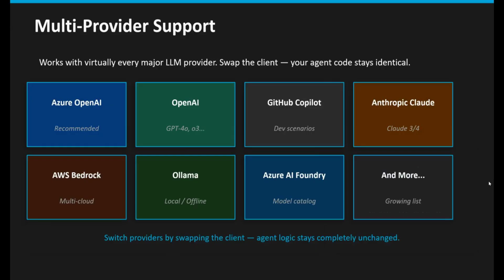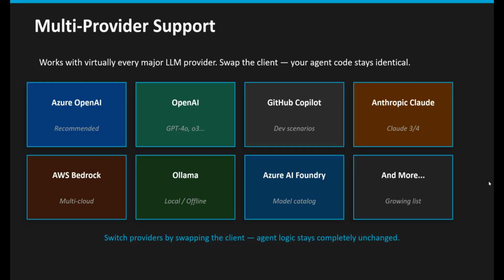One of the things I really love about this agent framework is how flexible it is when working with model providers. You can basically plug in almost any major LLM you want, whether it's Azure OpenAI, regular OpenAI, GitHub Copilot, Anthropic Claude, AWS Bedrock, or even a local Ollama model for offline development and testing.